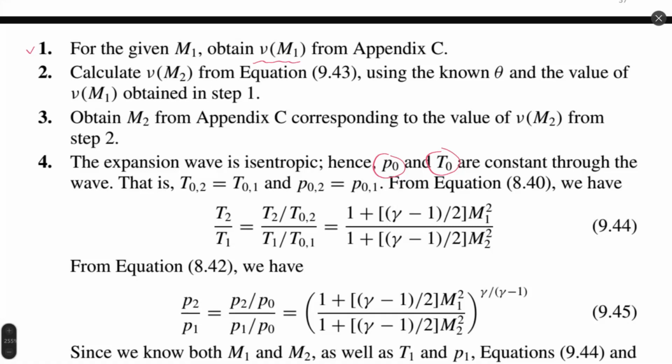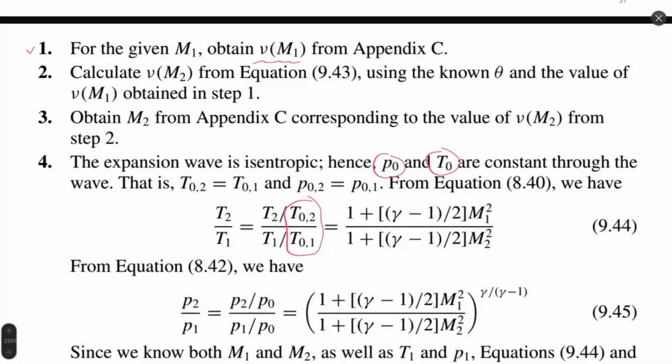The temperature ratio is calculated by the ratio of functions from, I think, equation 840, right? From chapter 8, the ratio between static temperature and stagnation temperature. Here, T02 and T01 are the same, so this temperature ratio can be found.